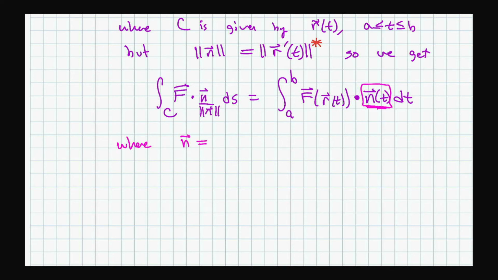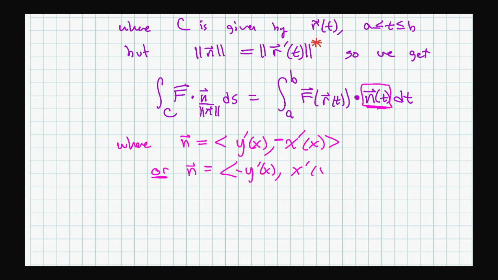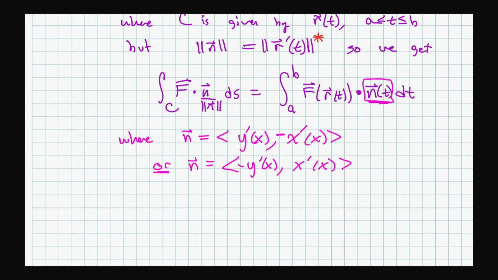Either the n vector is y prime here, x prime here, with a negative right here, or negative y prime here, x prime here. They're the same. It's just that one has a negative on the second term and the other has a negative on the first term.